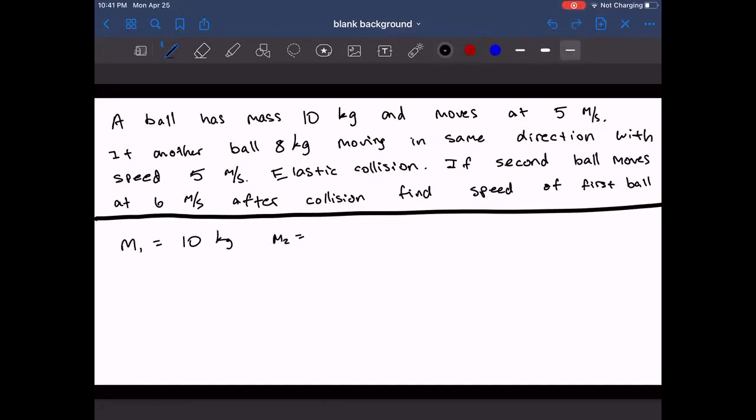And then V1I is 5 meters per second. And V2I is also 5.